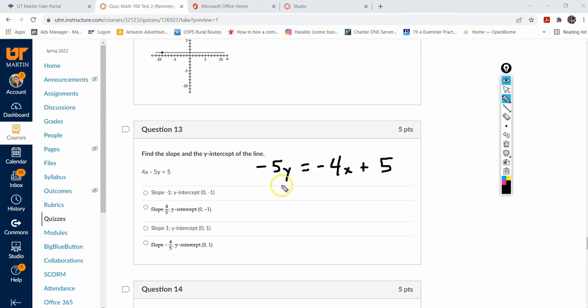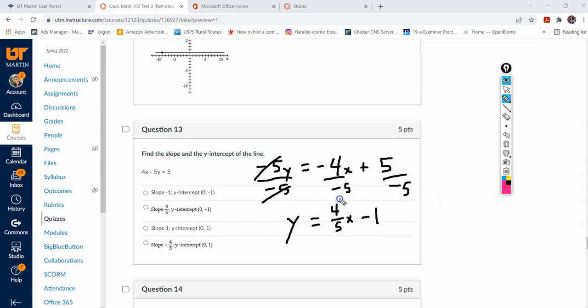Okay. Now I have to get y by itself. So I'm going to divide everything by -5. Okay, so these will cancel, and I'll be left with y equals, the negative signs cancel. So I have 4/5 times x, and then after cancellation there I'll have -1.